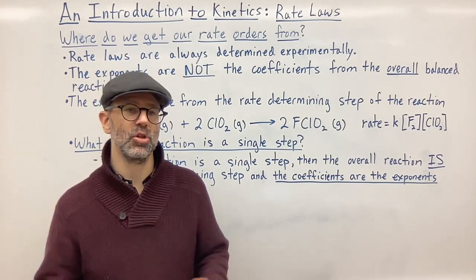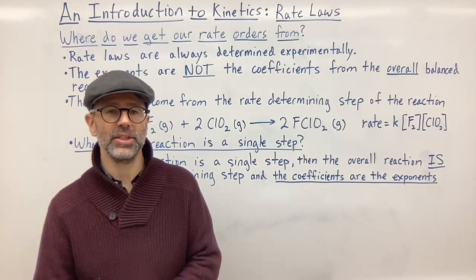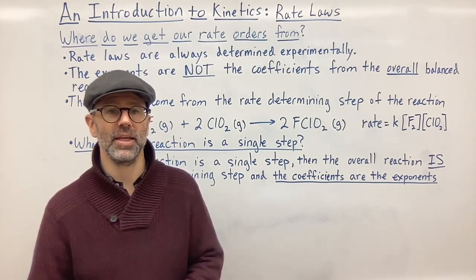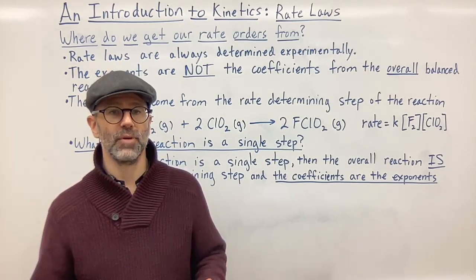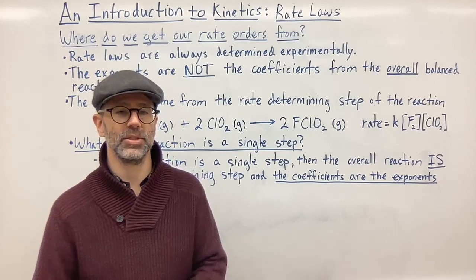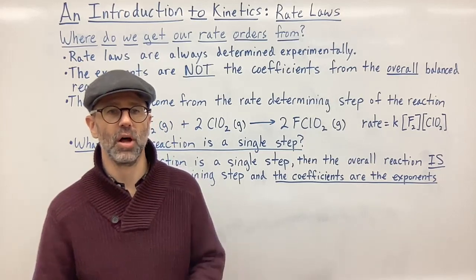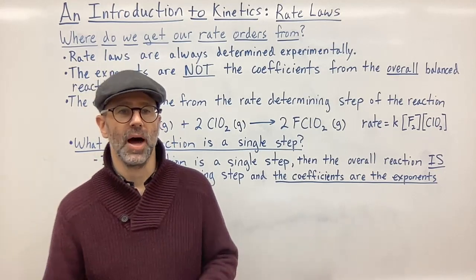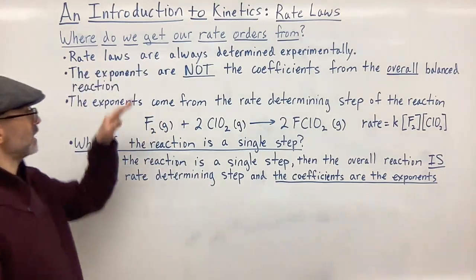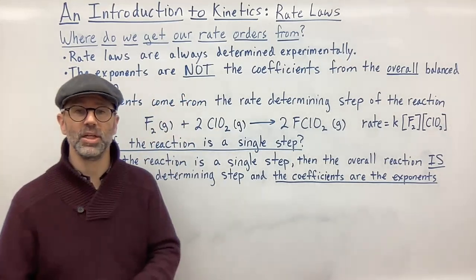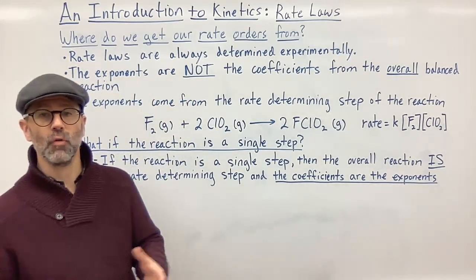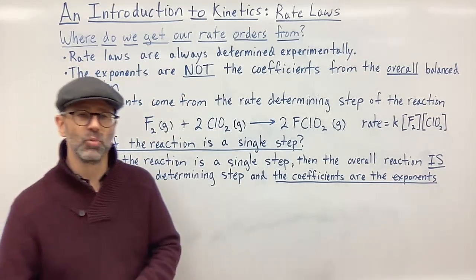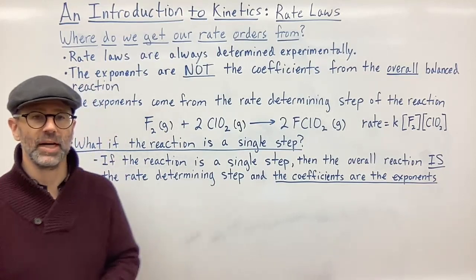We can't just look at our balanced equation and see what the orders of our reactions are going to be with respect to either reactants or the overall rate order of the reaction itself. So the exponents are not going to be the coefficients from the overall balanced equation. There's one instance where that's going to be. I'll talk about that in a moment.